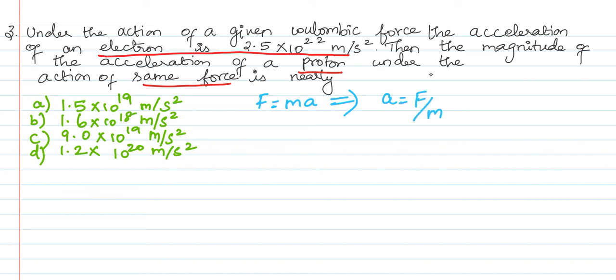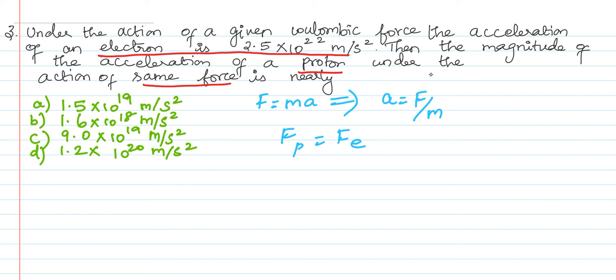Since they have given the same force, the coulombic force on the electron and on the proton, both are having the same force, no? So I can easily go for a comparison like this, equating both the forces. Force of proton is equal to force of electron, or either way around, that is up to you.